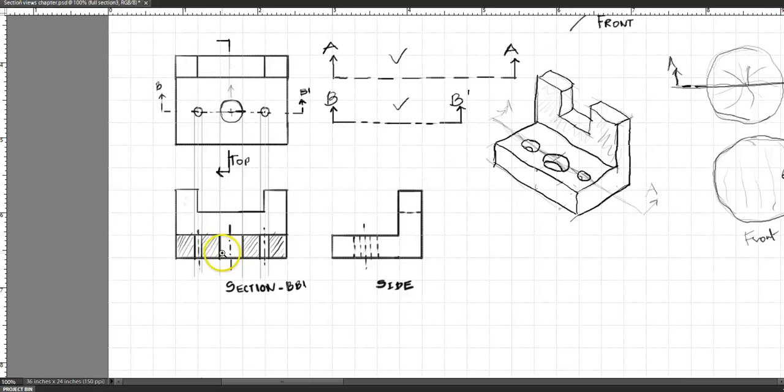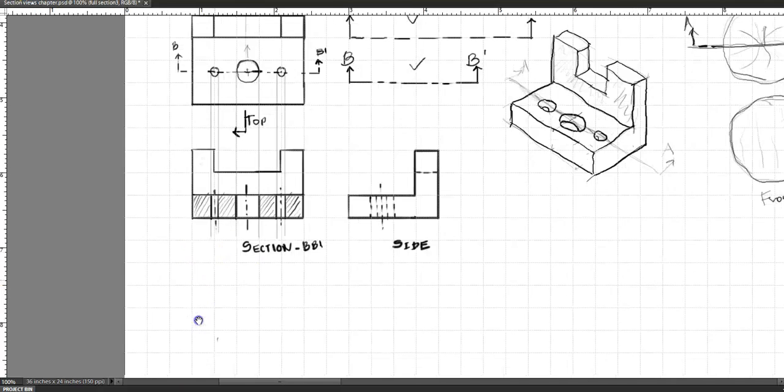We are going to look into that right now. What are the different symbols for hatching? For example, if I'm hatching through concrete, I will have a different hatch design. If I'm cutting through brick, I'll have a different hatch design. If I'm cutting through wood, I'm going to have a different hatch design or symbol.